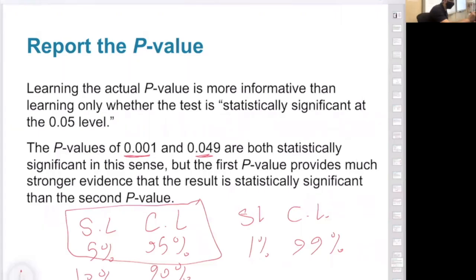Of course, this one. The smaller the p-value, the stronger the evidence against H naught. So 0.001 provides much more evidence than 0.049, as you can see. So it's more statistically significant than the second one.